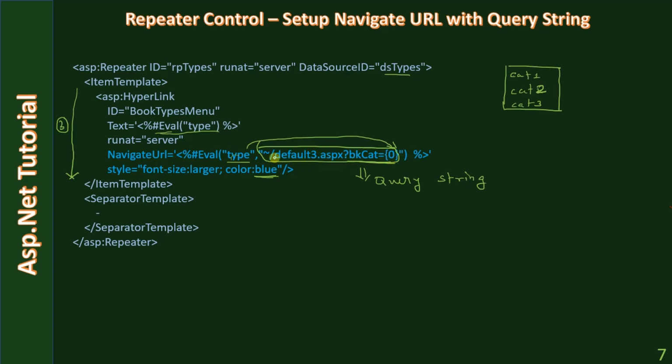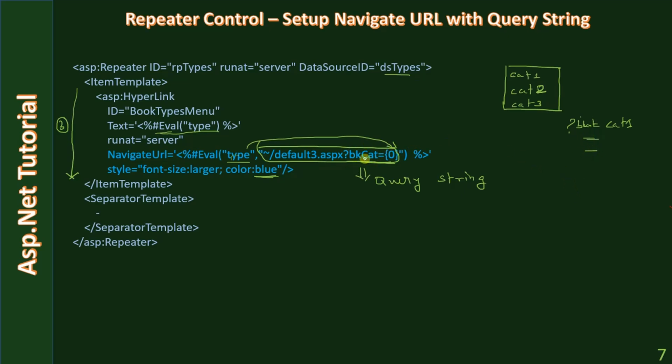So towards the end, we will have all the categories with the proper navigate URL set, and for each hyperlink we will have the QueryString. If it is for category 1, we will have question mark bkcat equal to cat1, right? Likewise, we will be forming the hyperlink for other entries also.